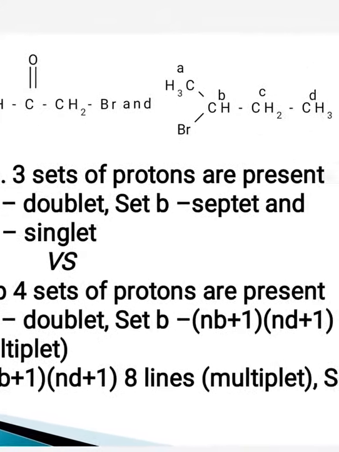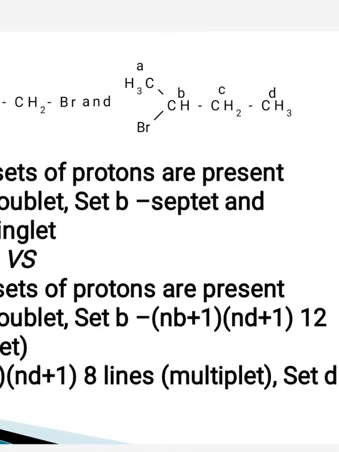And in the second compound, as bromine is linked to the B set of protons, there are 4 types of protons, A, B, C and D. All the 4 carbons have different chemical environments, and hence all the 4 types of hydrogen atoms linked to these carbon atoms are of different kinds. So there are 4 sets of protons in 2-bromobutane.